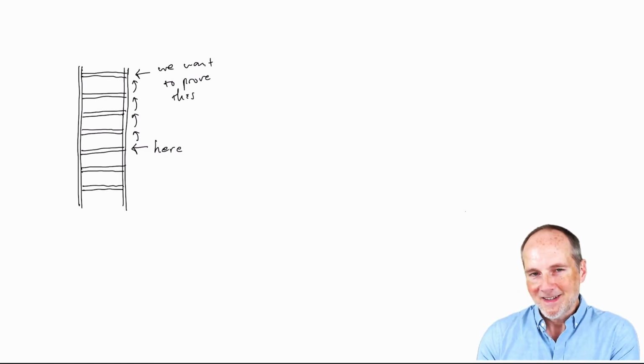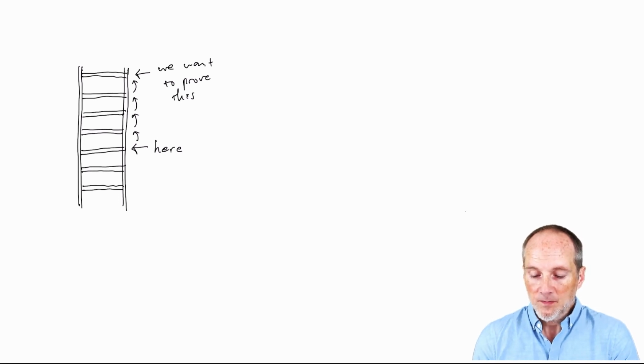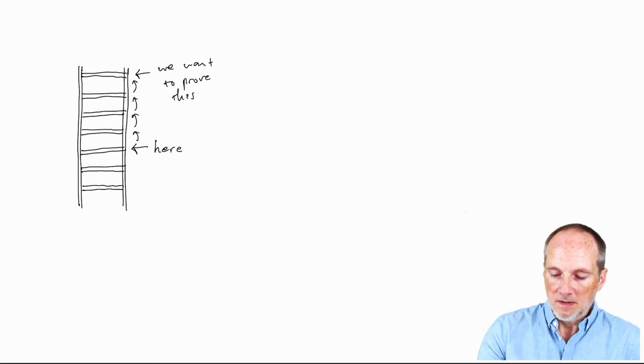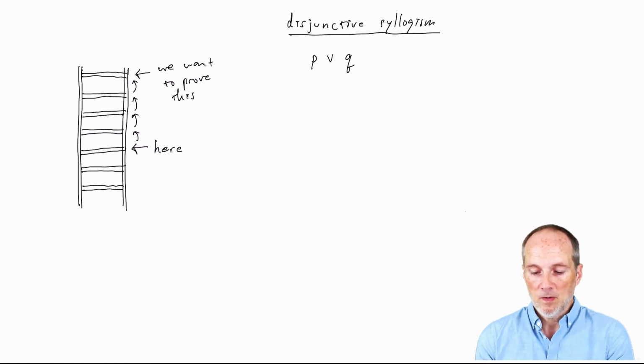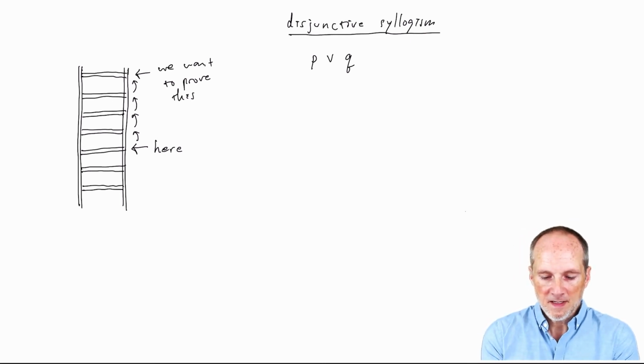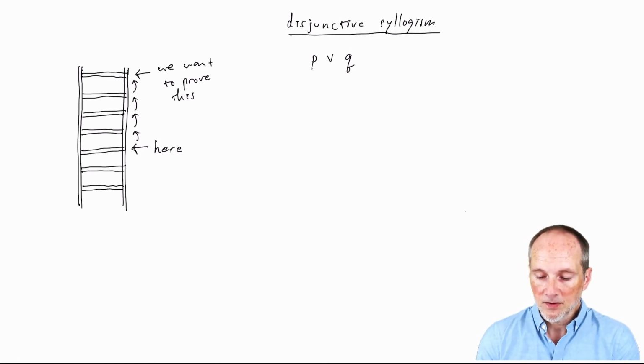So to put a little more detail into this, what are the rules of proof that we're talking about? I'll give you one. It's called disjunctive syllogism. So disjunctive syllogism says, suppose you have a disjunctive statement, P or Q. Think of that as being the first rung on the ladder. It says at least one of those two sentences is true.